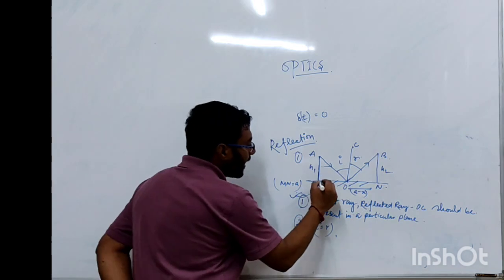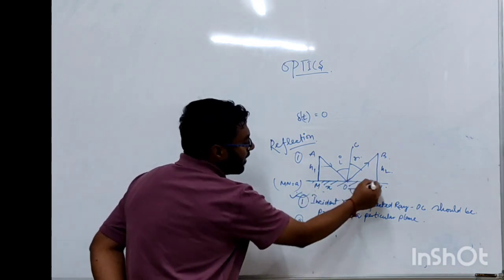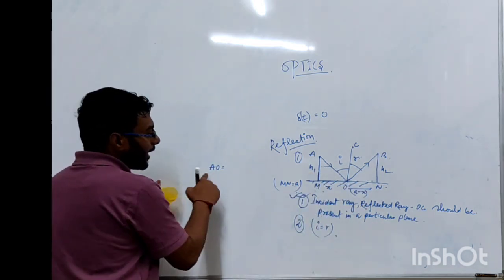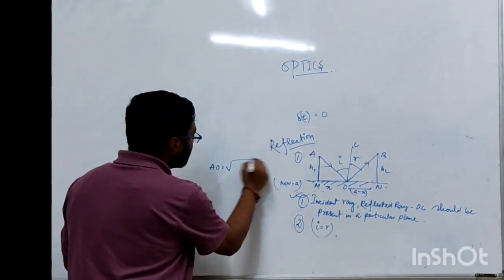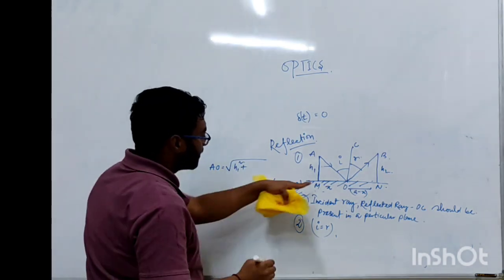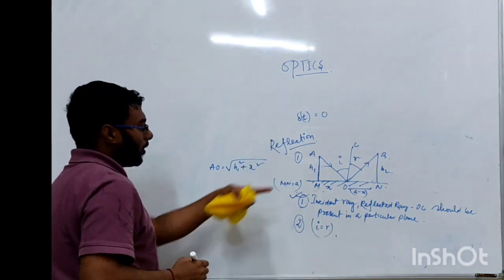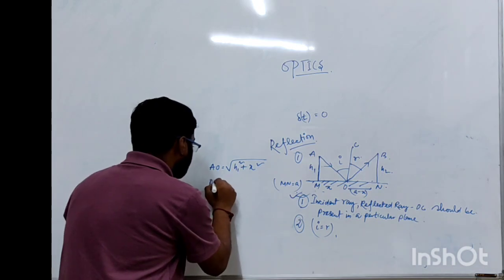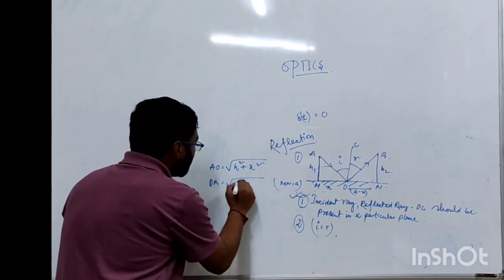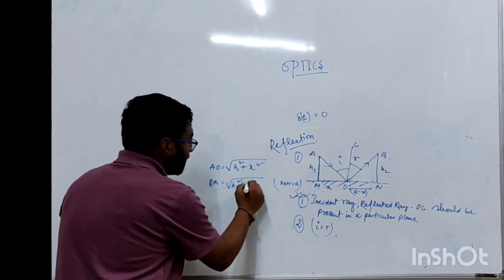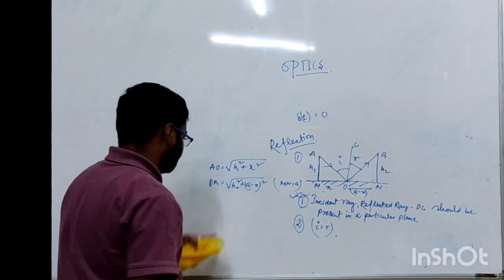So OA will be root over H1 square plus X square, and OB will be root over H2 square plus (A minus X) square.